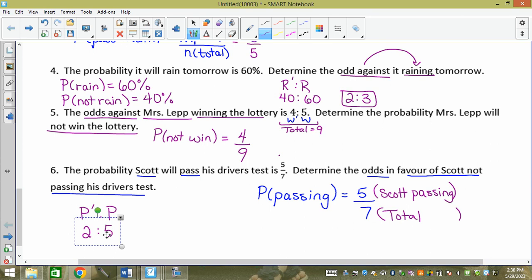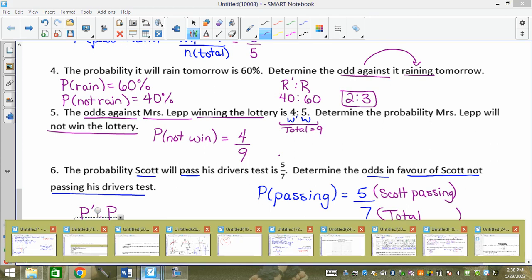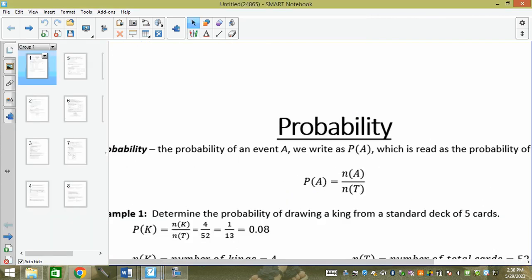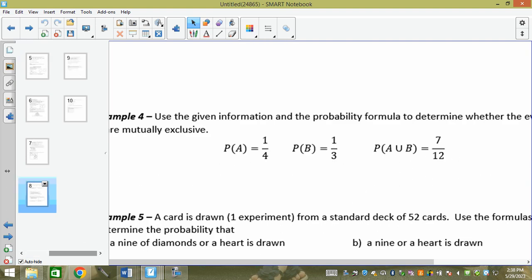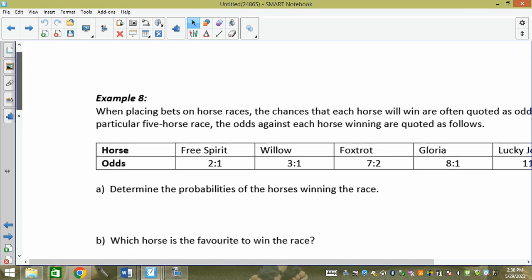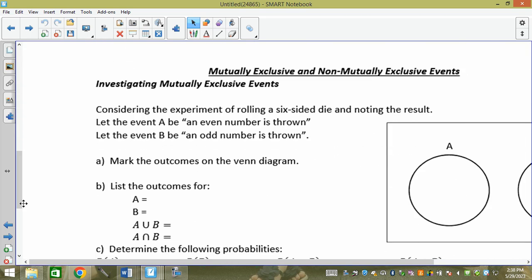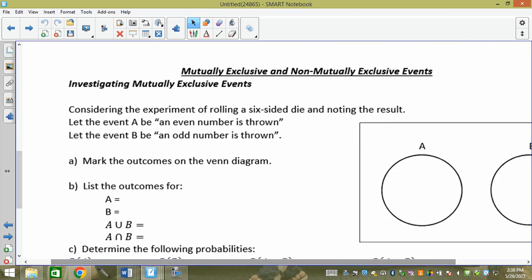So we're going to open the notes from today. So we've dealt with the lesson on odds. Today we're dealing with mutually exclusive and not mutually exclusive.